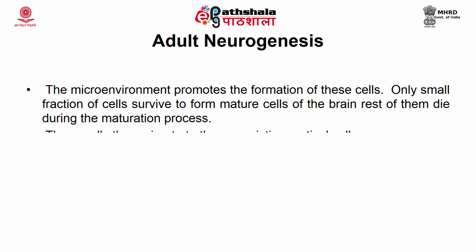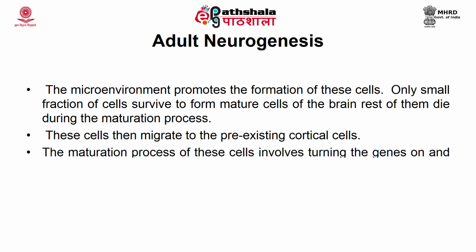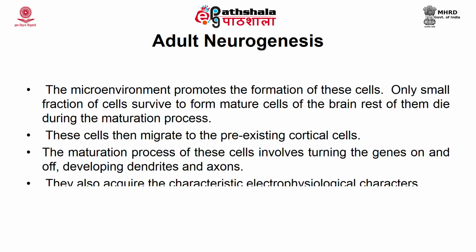These cells, after formation, migrate to the pre-existing cortical cells, that is, to the neocortex. And the maturation process of these cells involves turning the genes on and off, developing dendrites and axons, and they also acquire characteristic electrophysiological characters.